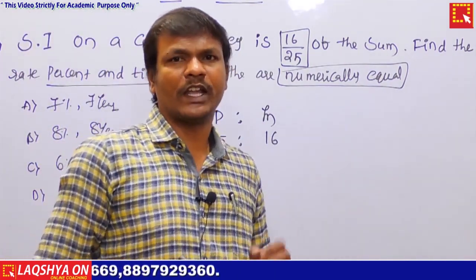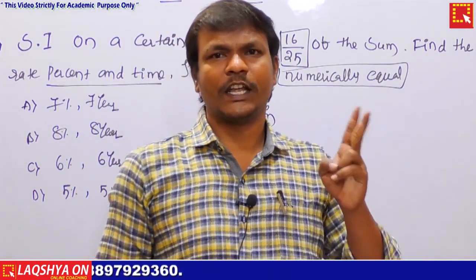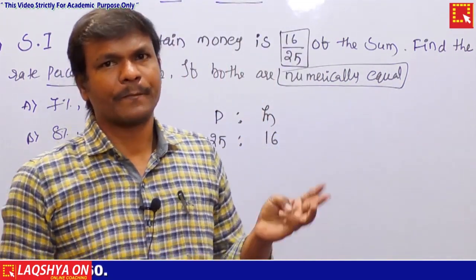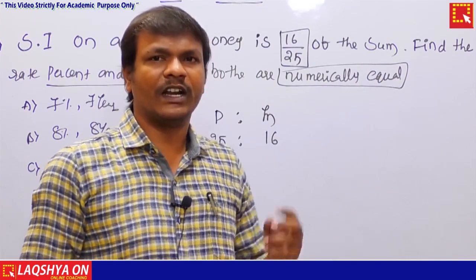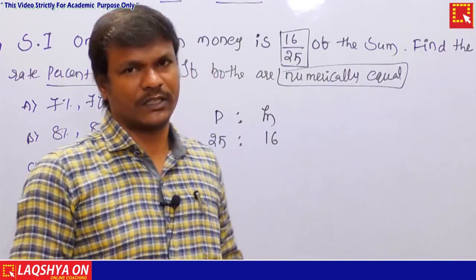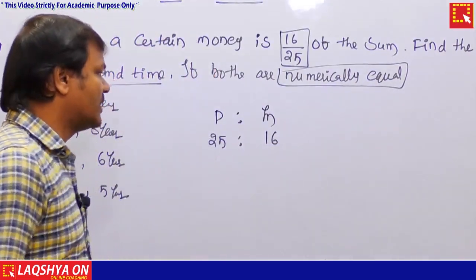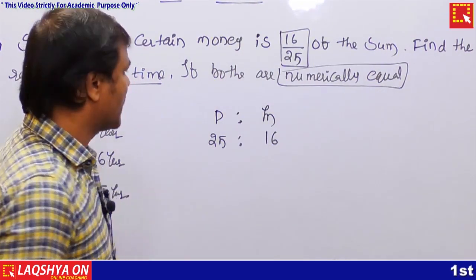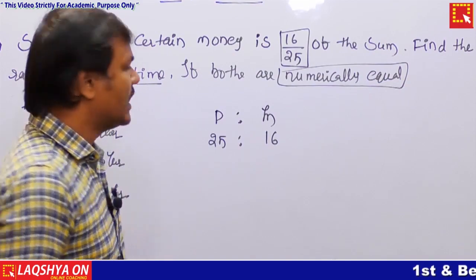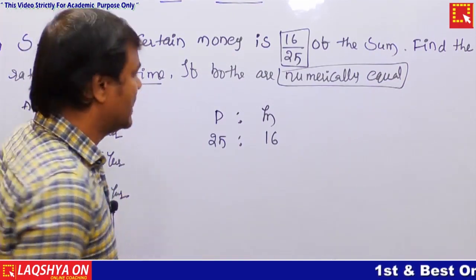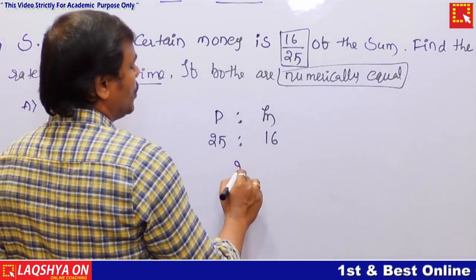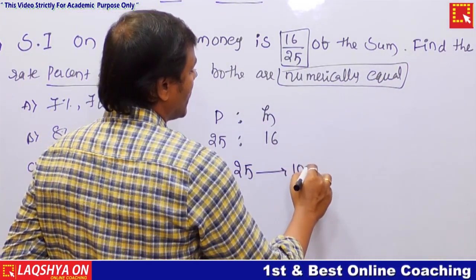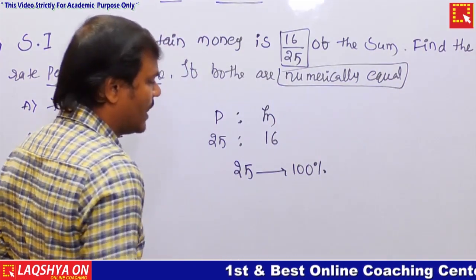That means simply if the rate of interest is 2%, the time is 2 years. If the rate is 3, it is 3 years. If the rate is 4, it is 4 years. So the 25 units will be taken as 100%, because the principal is always 100%.